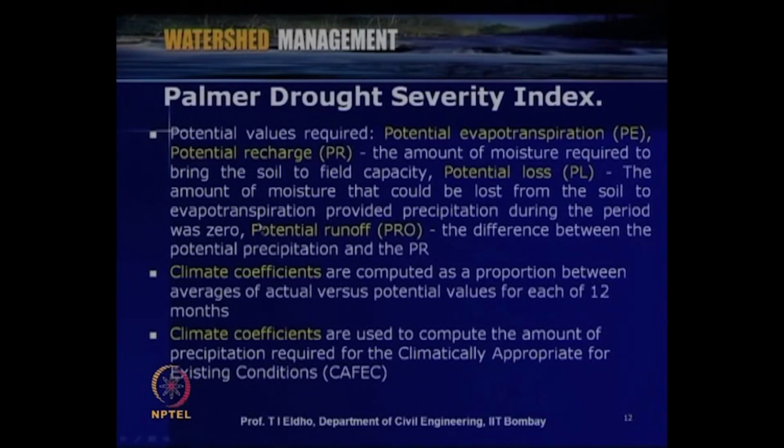So, based upon the rainfall conditions, soil conditions, and various other parameters, we can calculate the climate coefficients, and then we can effectively use this as the amount of precipitation climatically appropriate for existing conditions. Accordingly, we can derive the Palmer severity index.